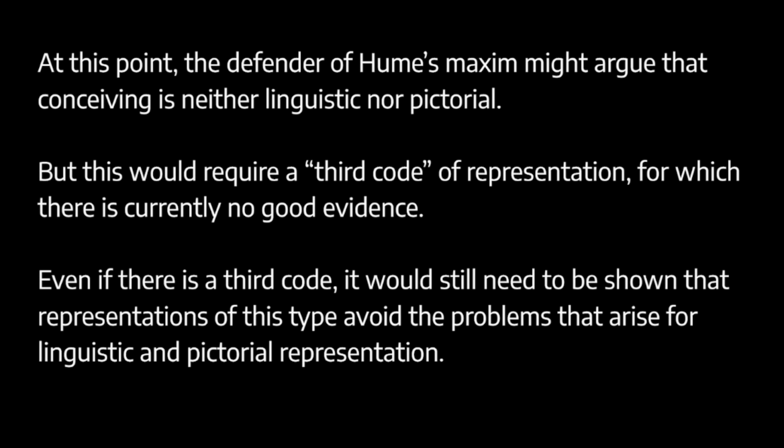So if we take this option, then we need to come up with some evidence or some argument that there's a third code of representation, and then we need to show how it avoids the sorts of problems that we've seen for linguistic and pictorial representation, so that it can do the job of indicating possibility.